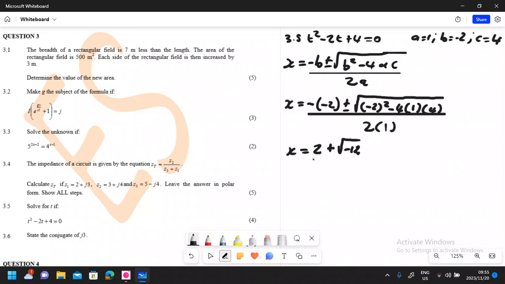So rather do it the way I'm showing you here, guys. Divided by 2. And the other one, x equals 2, this time around with negative, the square root of negative 12 over 2. Remember, this one is when it's positive and this one here on the side is when it's negative.